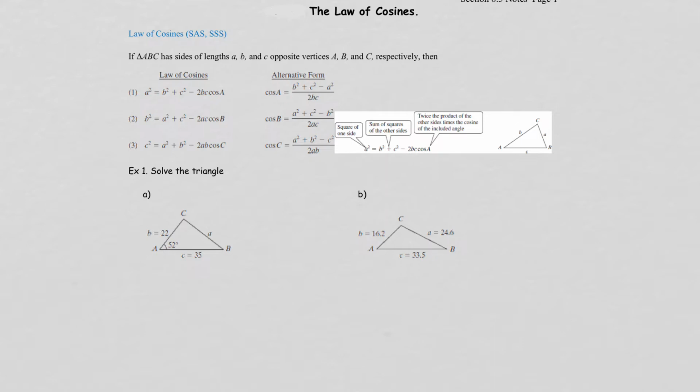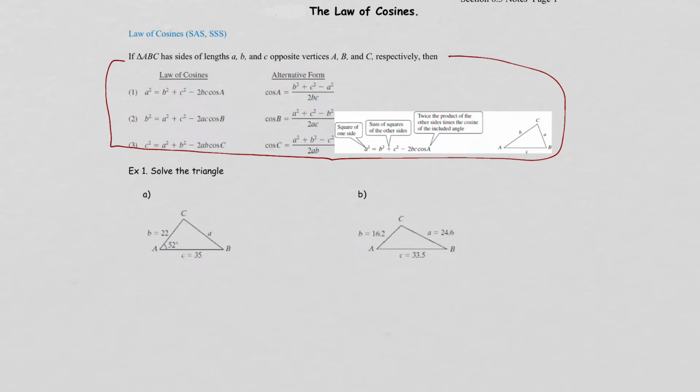So let me box the formula you can use. You're going to use that depending on what's given. So let's look at example 1.